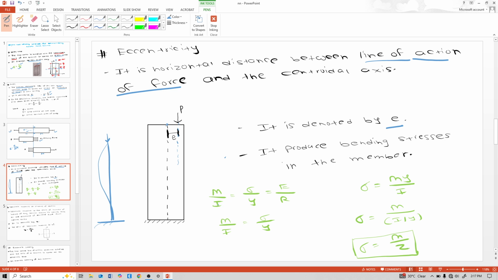The bending formula is M by I is equal to sigma by y is equal to E by R. M is the bending moment, I is the moment of inertia, sigma is the bending stress, y is the distance between the elemental strip and the neutral axis, E is the modulus of elasticity, and R is the radius of the curved portion, because this is bending stress.